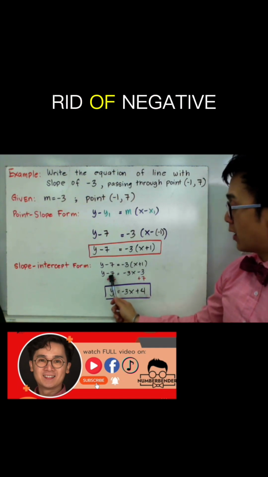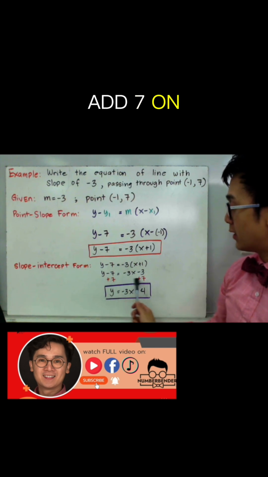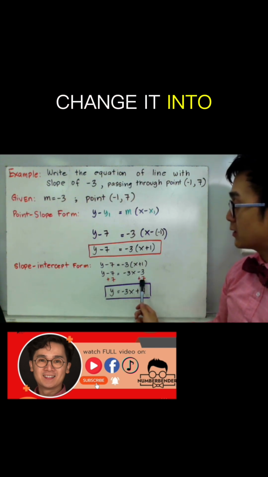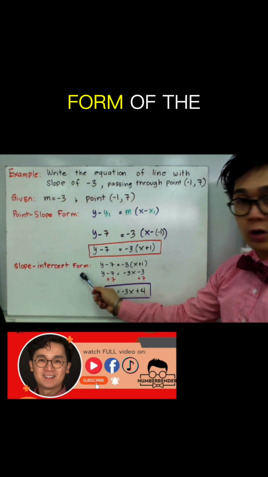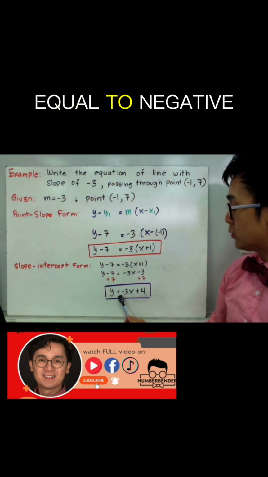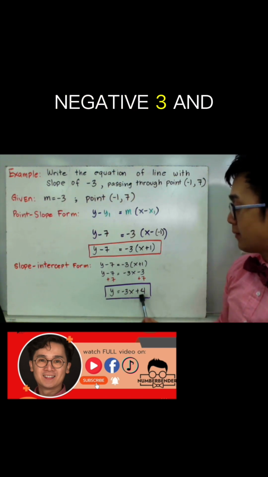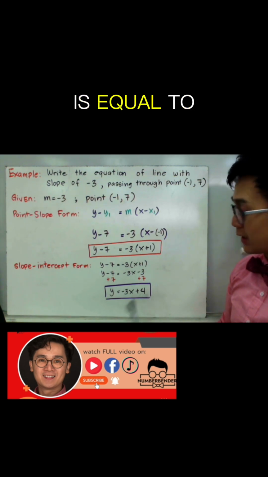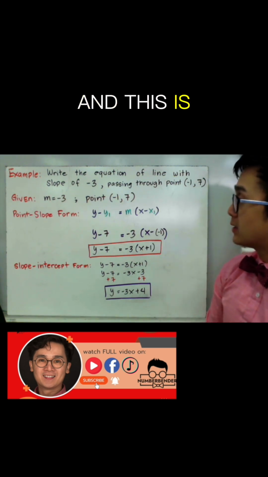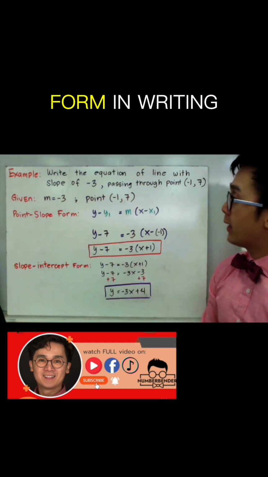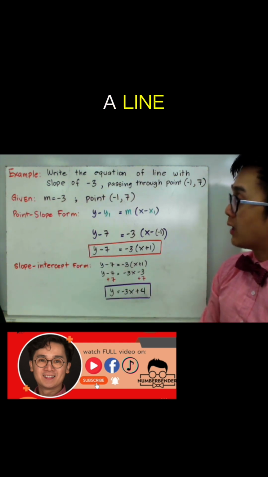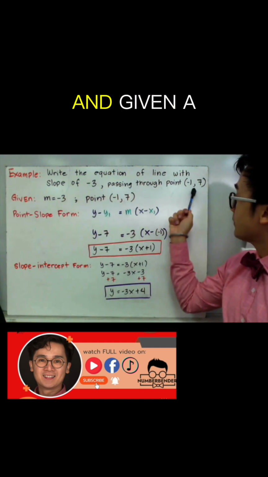Now, to get rid of -7, add 7 on both sides so we can change it into the slope-intercept form of the line, which is y equals -3x plus 4, where the slope is -3 and the y-intercept is equal to 4. And this is how we use the point-slope form in writing the equation of a line given a point and given a slope.